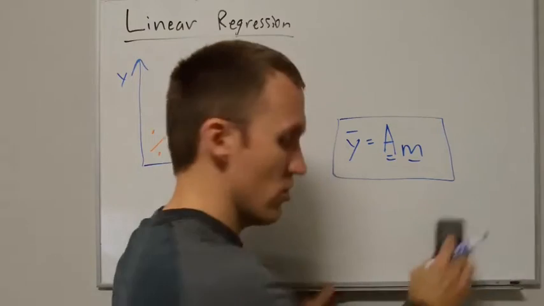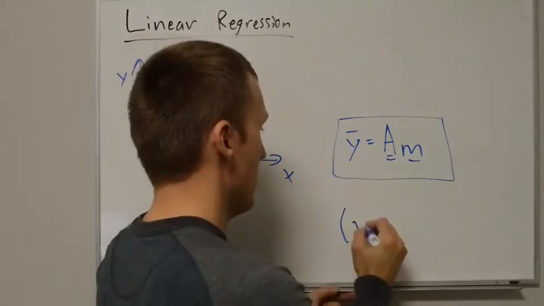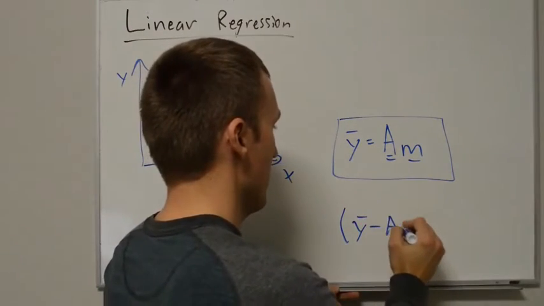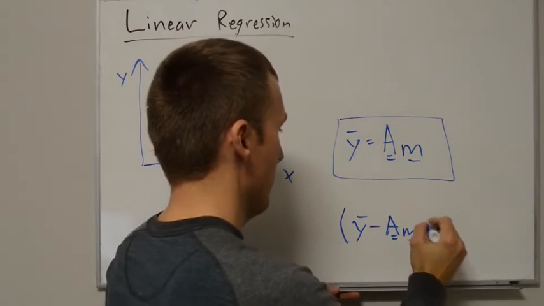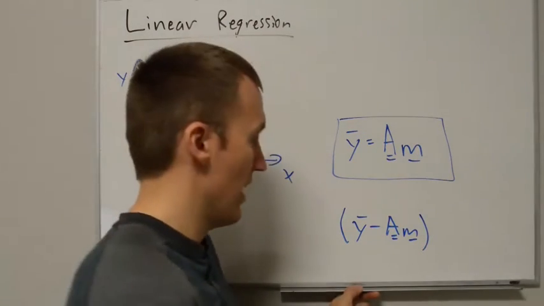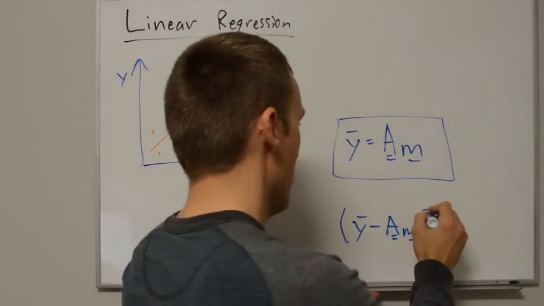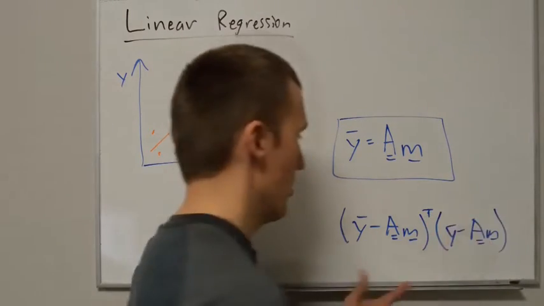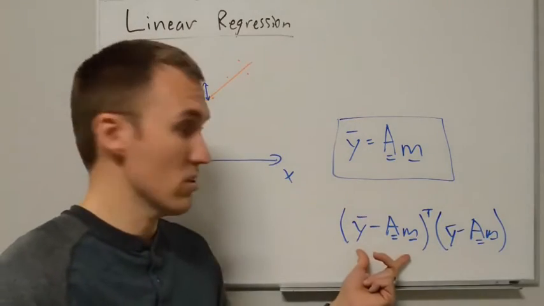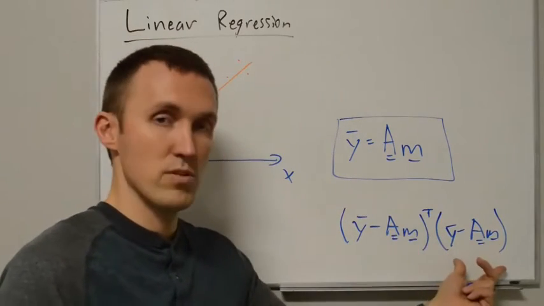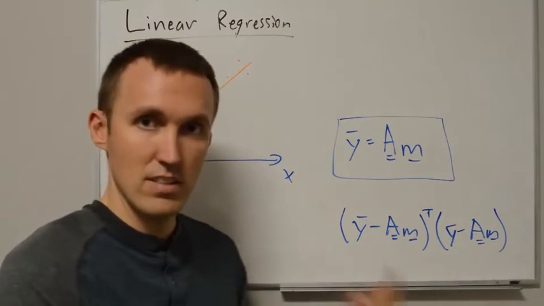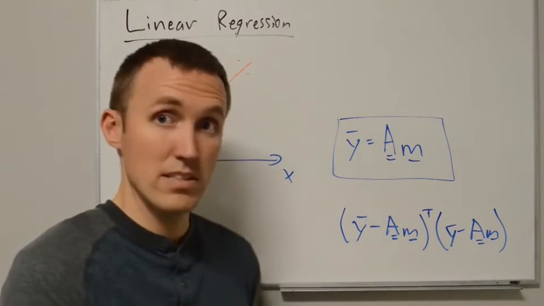And we can do this in our matrix vector form by saying y minus A times m. So there we are. And the equivalent in matrix vector form of the square is this transpose operation. So we can take the residual vector transpose times the residual vector, and that's essentially the residual vector squared and summed.